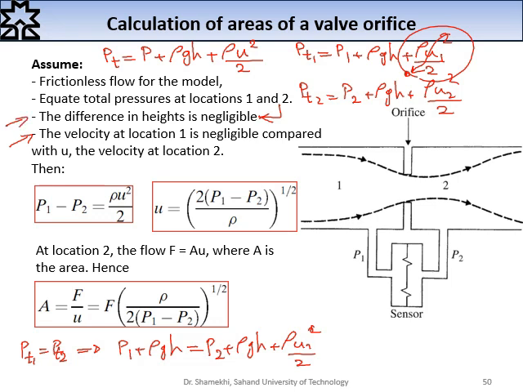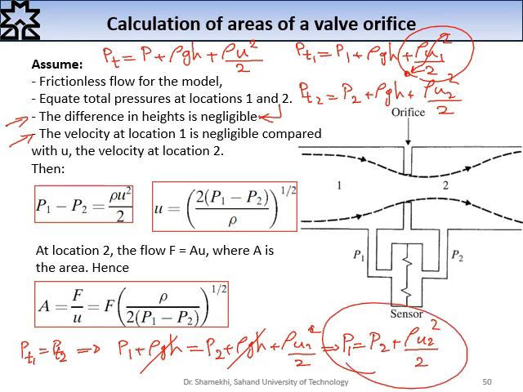Because of this assumption, we can remove these terms from two sides of this equation, and therefore we have P1 equals P2 plus rho U2 squared divided by 2, and now we can write this equation.